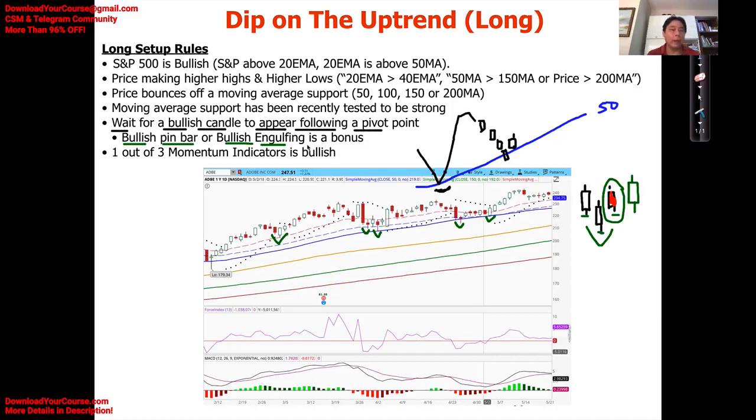Now, the other thing is we only want to go long when we have at least one out of the 3 momentum indicators flashing a bullish signal. Recall there are 3 indicators: the parabolic SAR dots, the force index, and the MACD. As long as one of them shows a bullish signal, that's good enough to go long. So that tells you that, hey, the price is starting to move up after retracing.